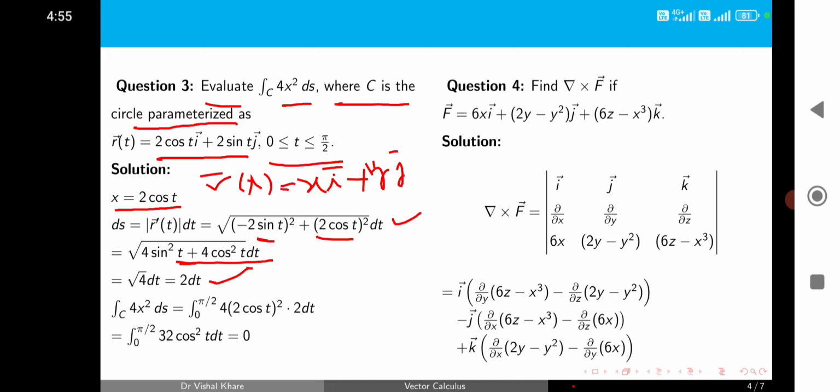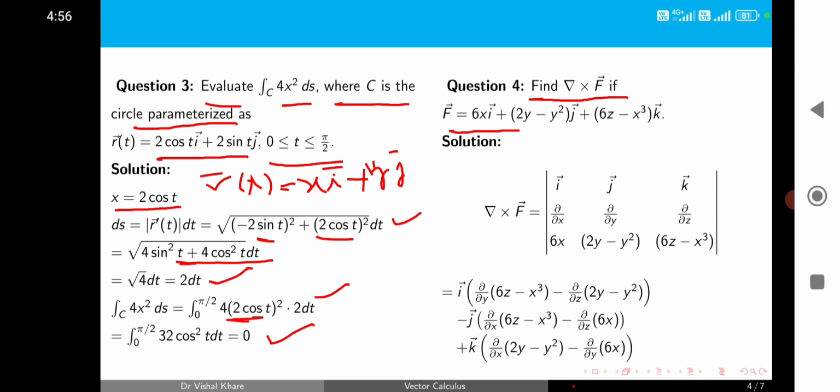So we'll get ds is equal to 2 dt. So when we put this in the formula with the value of x here, and then integrate, the integration will become 0.